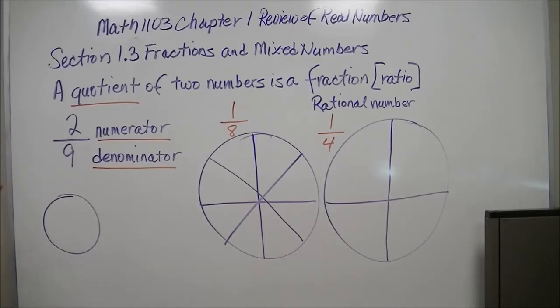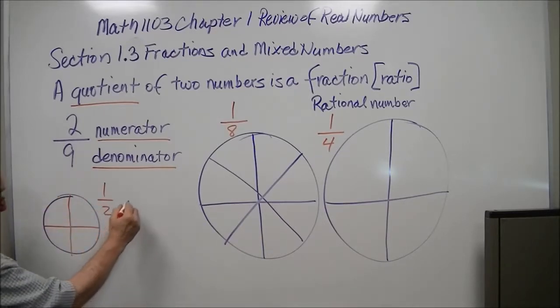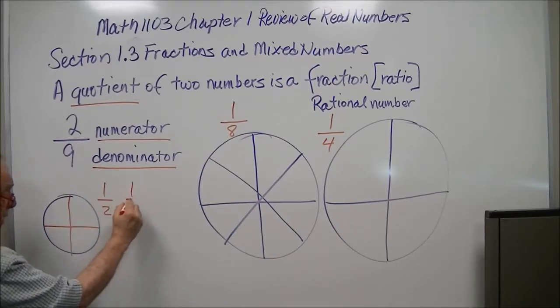So as we look at this little example of a circle that I have here, this is the whole. This is 1. But if I cut the whole into 2 parts, my 1 is now 1 out of 2. If I cut it into 4 parts, 1 part would be 1 out of 4.